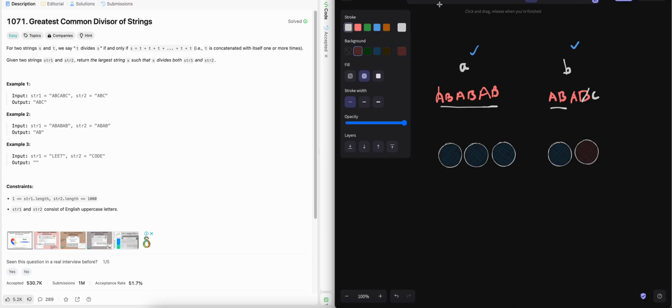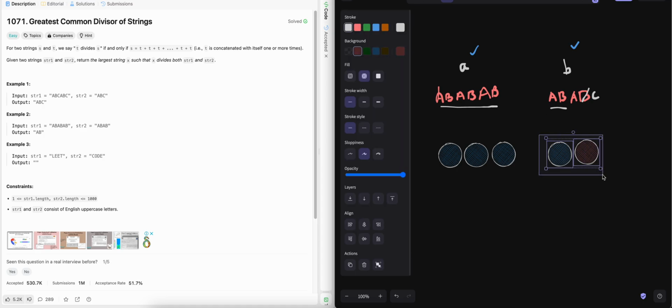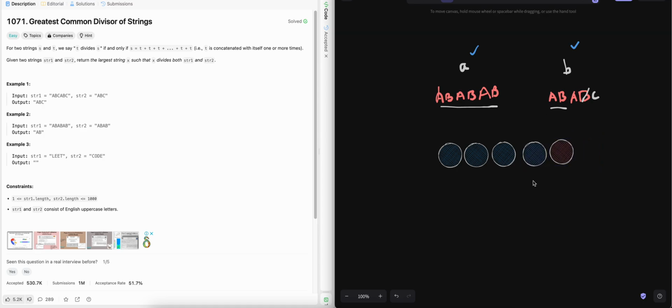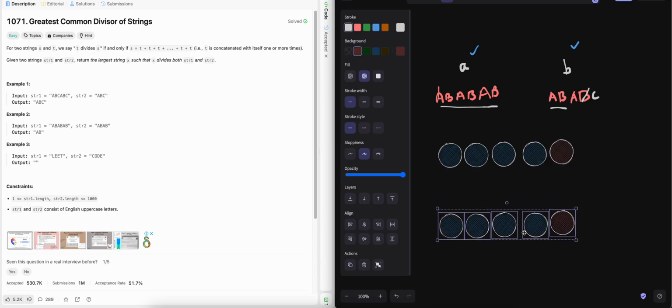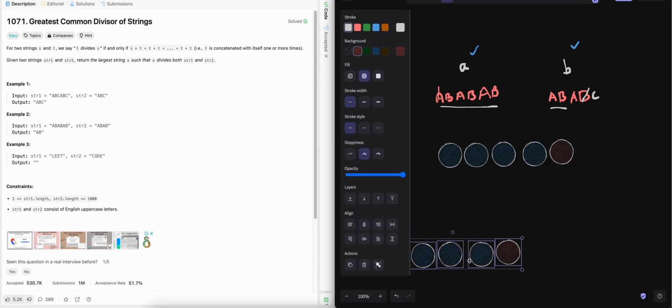Now if I try to add both the strings at the end, AB, it would look something like this. Let's take it out and create a duplicate. It looks like this right now.